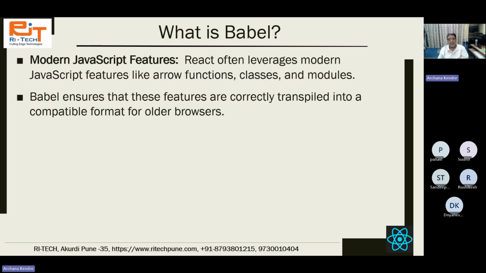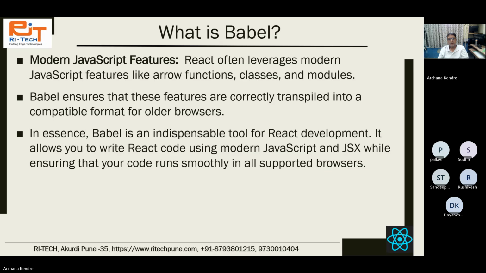In essence, Babel is an indispensable tool for React development. It allows you to write React code using modern JavaScript and JSX while ensuring that your code runs smoothly in all supported browsers.